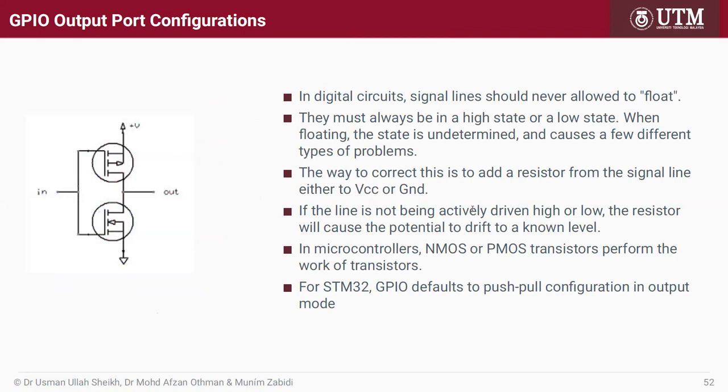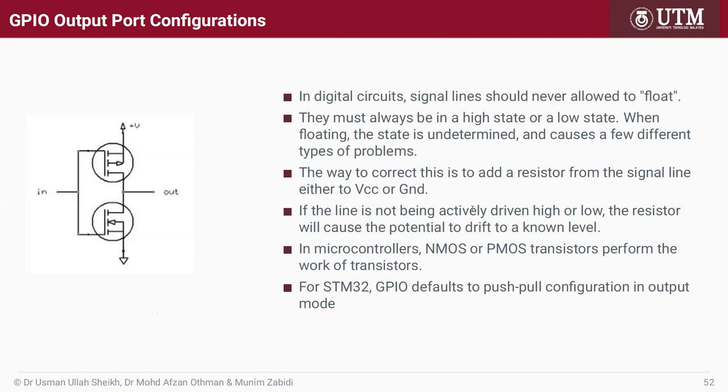Okay, so in a digital circuit, signal lines should not be allowed to float. For some CMOS circuits, if you float the gate, they will short and damage the system, damage the circuit, especially the old CMOS chip.